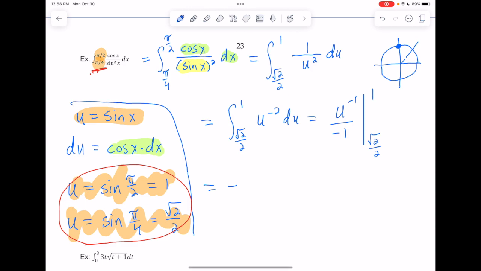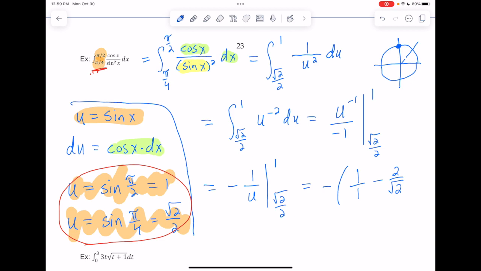That is -1 over u, evaluated from √2/2 to 1. So moving the negative out front, we have 1 over the upper limit minus 1 over the lower limit, which would mean we'd get a reciprocal of √2/2, so that'll become 2 over √2.